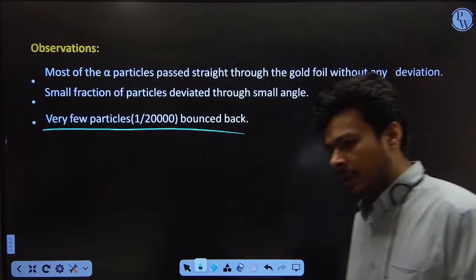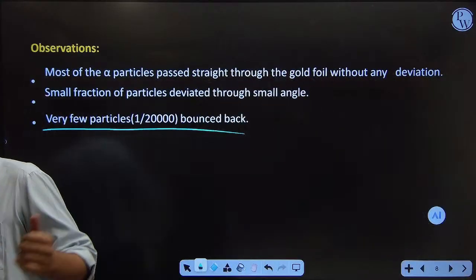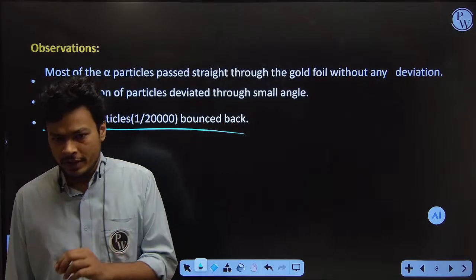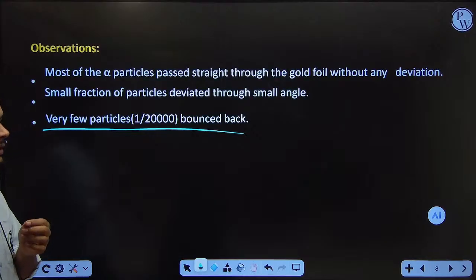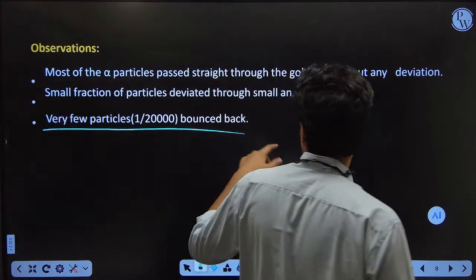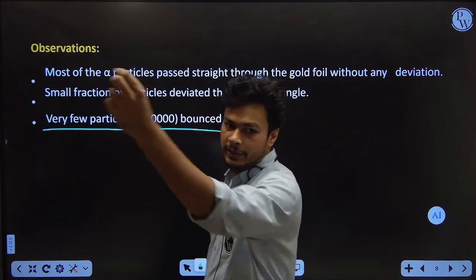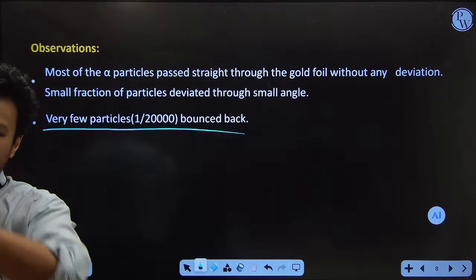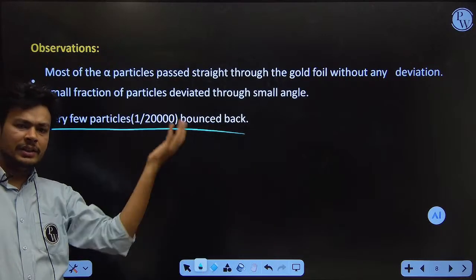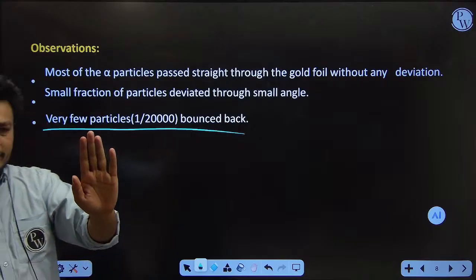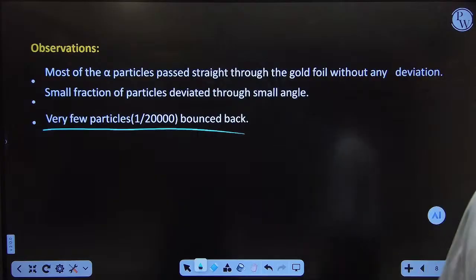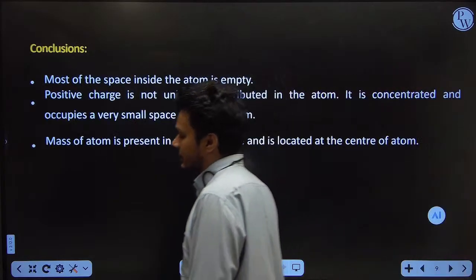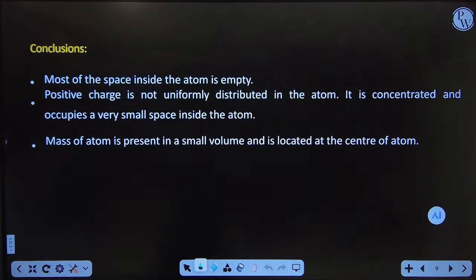That means whatever charge is making this deviation is concentrated in a very small region. And again, this reinforces that there's some solid part somewhere in the middle amongst all this empty space, because once the particle strikes that, it has to come back. Clear? From these three observations, we can make three different conclusions.